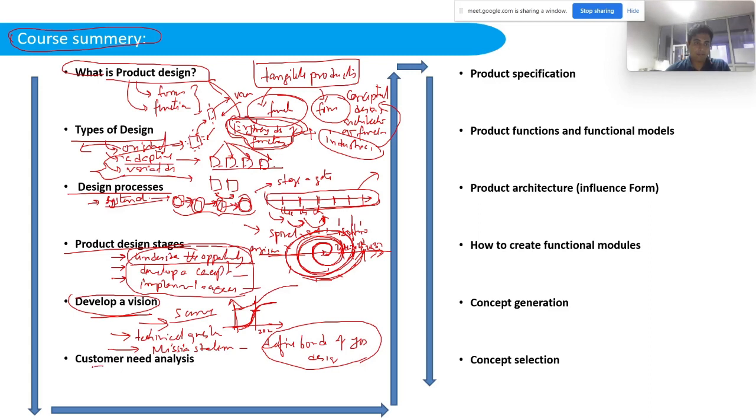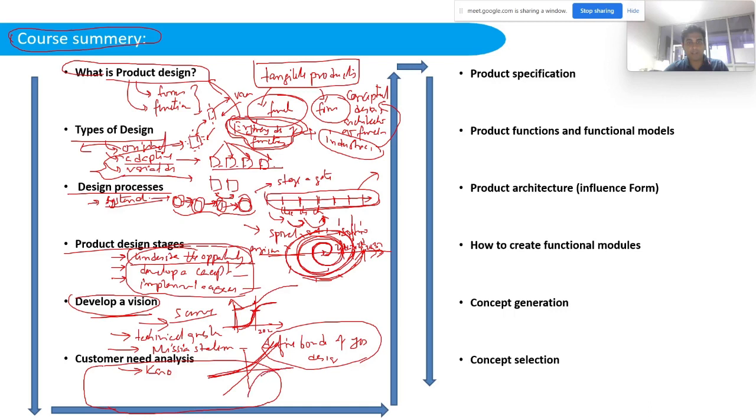Then what we do is customer need analysis. Before customer need analysis, we collect customer data. Customer data can be collected by various techniques. So we discussed the Kano diagram. The Kano diagram defines the different types of products and the different relationships between customer satisfaction and need.